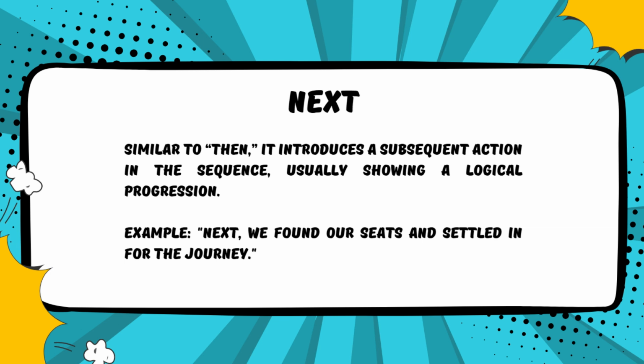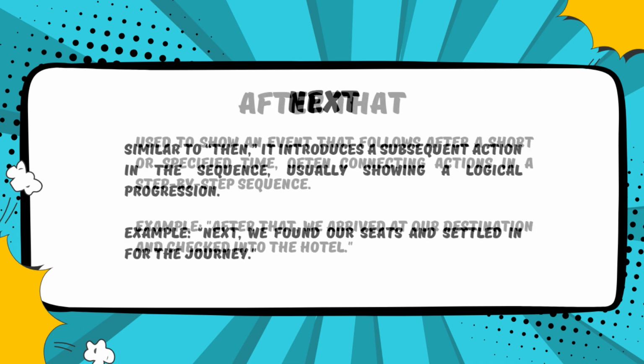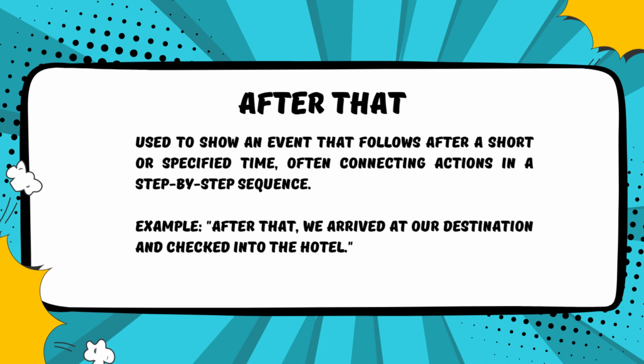And then, number 4 is after that. After that is used to talk about something that happened next, usually after a short time or as part of a sequence of events. It helps to connect steps in a story or description, making it easier to understand the order of actions.